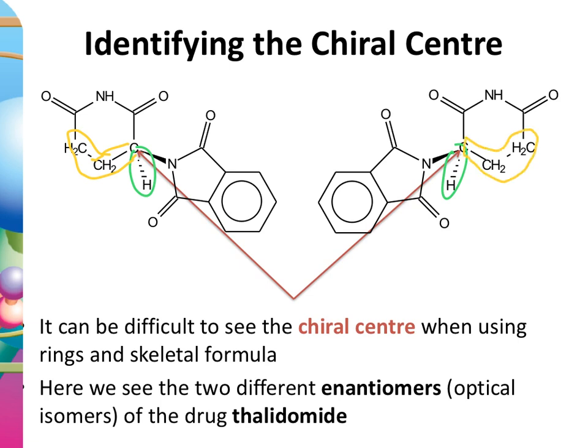It doesn't really matter how far I draw this loop. The point is they are different. You can't draw a line of symmetry between the blue and the yellow there. So again, there's one. And then finally, the rest of this, what this is then attached to. So we have four different groups. So we have the two enantiomers, the two optical isomers, and this molecule here is the drug thalidomide, which we'll probably learn a bit more about shortly.